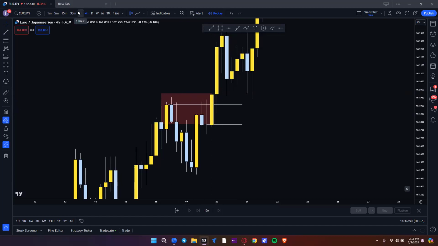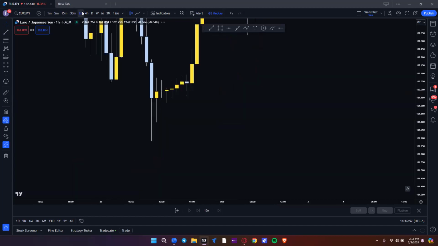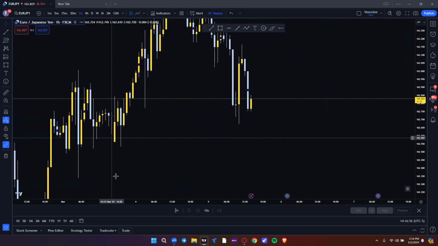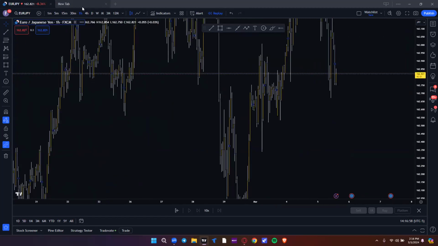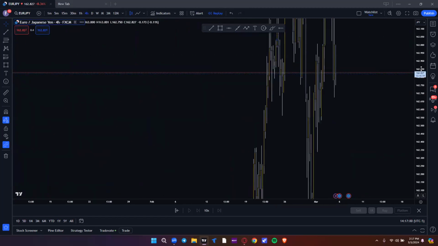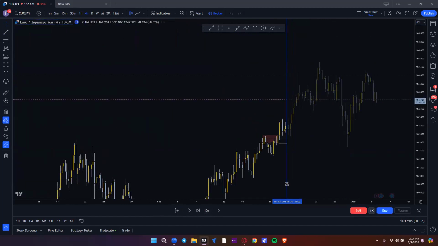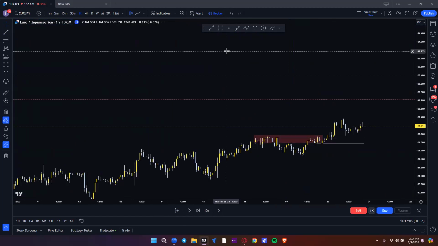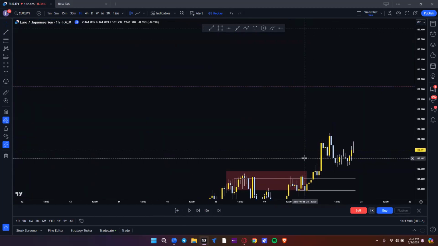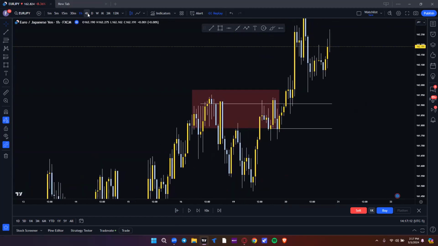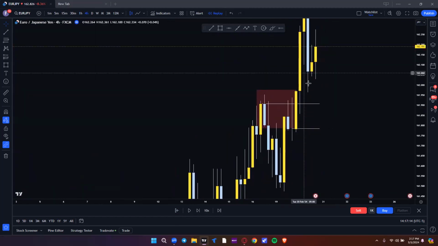So now let me go into H1. Oh, please let me find this level. Okay. H1. Okay, great. So let me actually denote this candle right here.